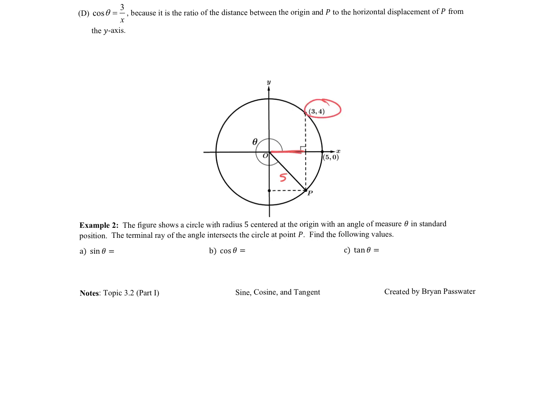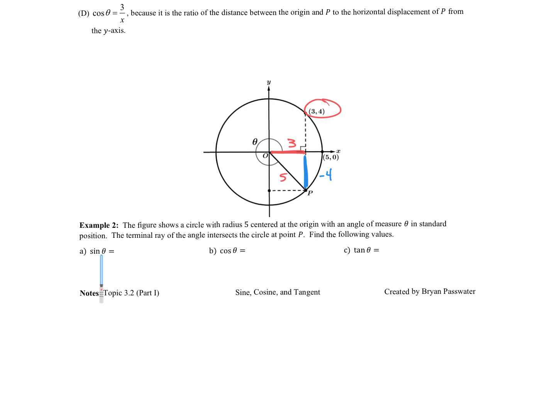It gives my point here as (3, 4). So my x is 3. Now, what's my y value? It's not 4, it's negative 4. Why is it negative 4? Because it goes down. It's below the x-axis. And so now that we have this, it's all pretty easy.